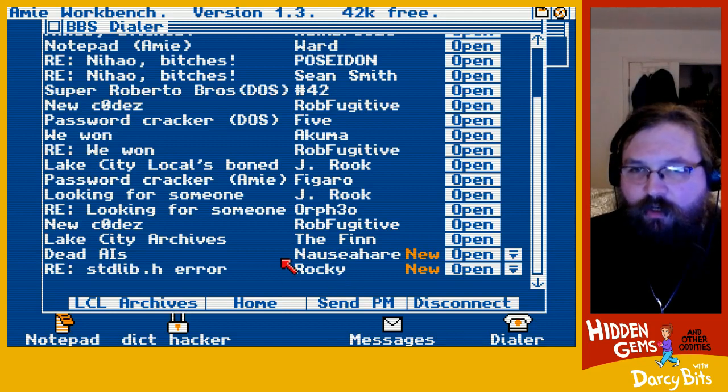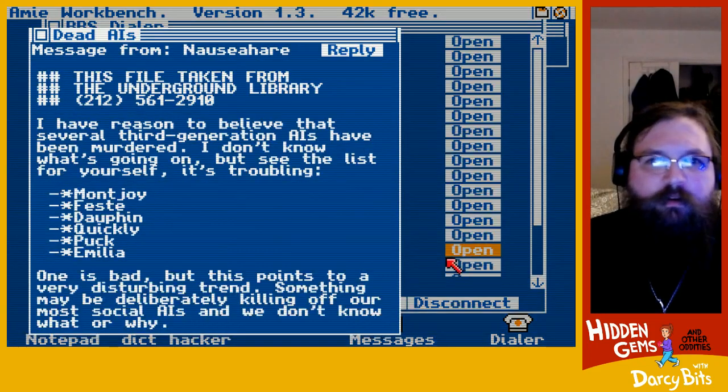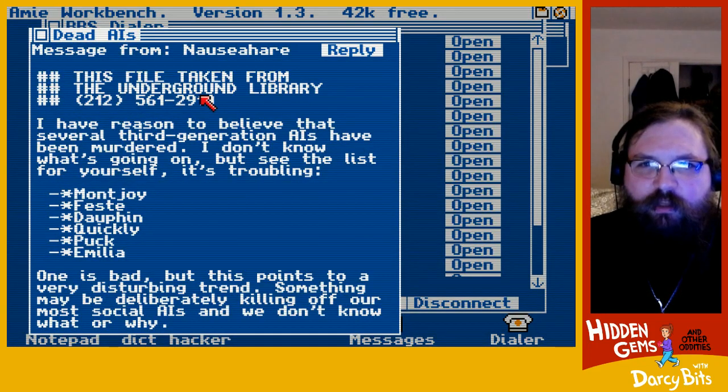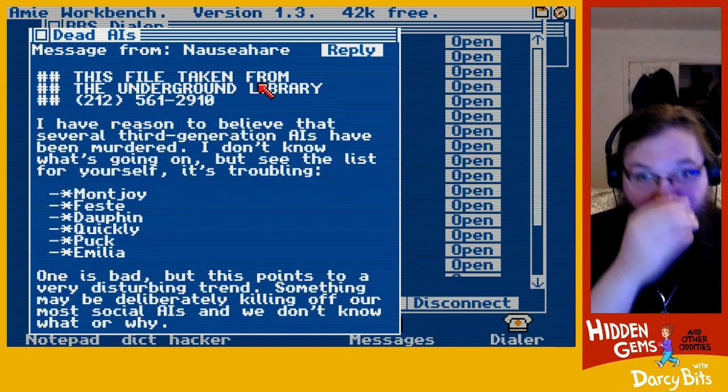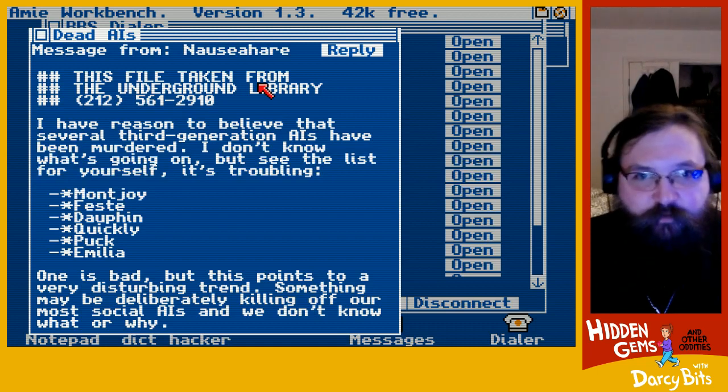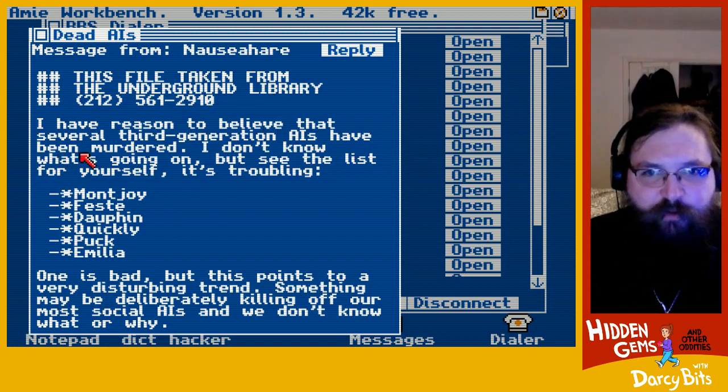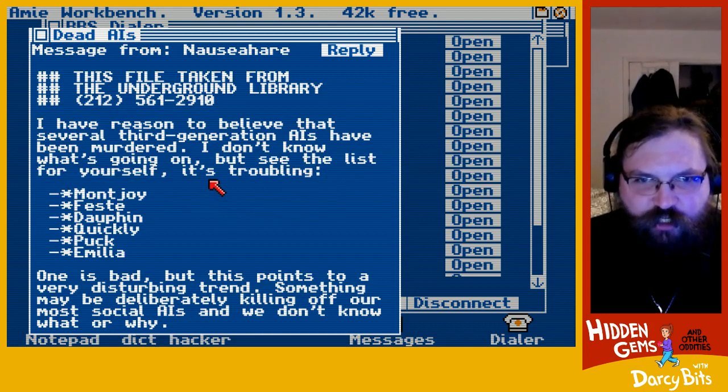Awesome. Dead AIs, nausea hair. This file taken from the Underground Library 212-561-2910. That's the place I was trying to break into. I have reason to believe that several third-generation AIs have been murdered. I don't know what's going on, but see the list for yourself. It's troubling.